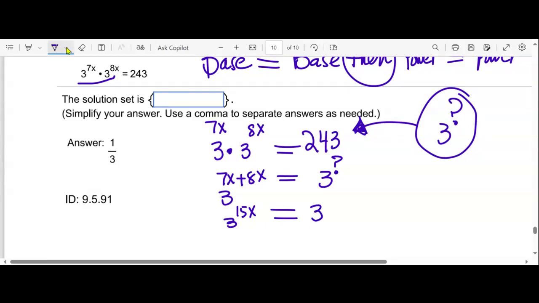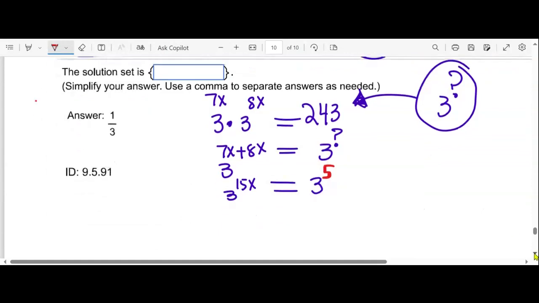Let me double check. 3 to the power of 5. So now I have 3 to the power of 15x equals 3 to the power of 5.